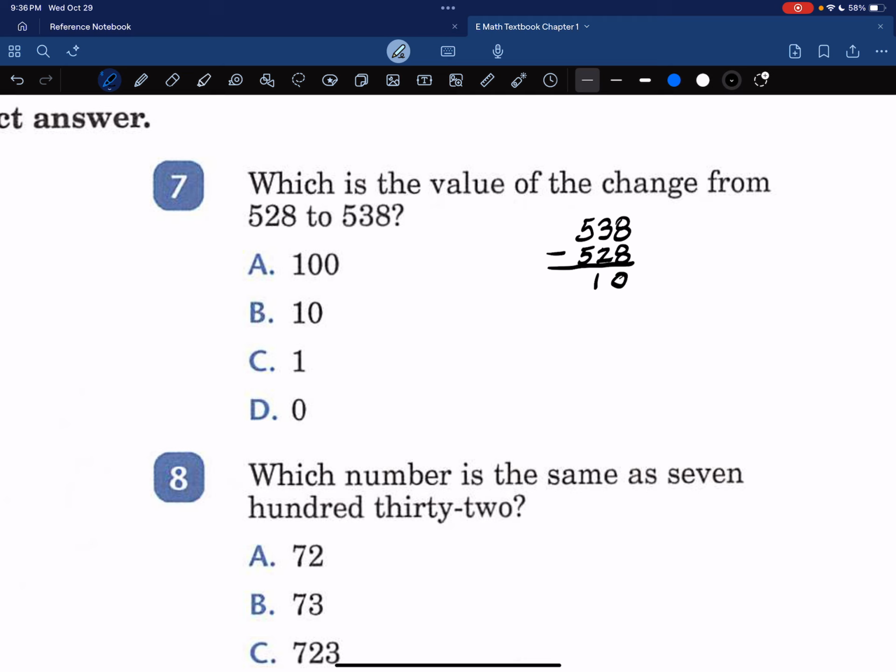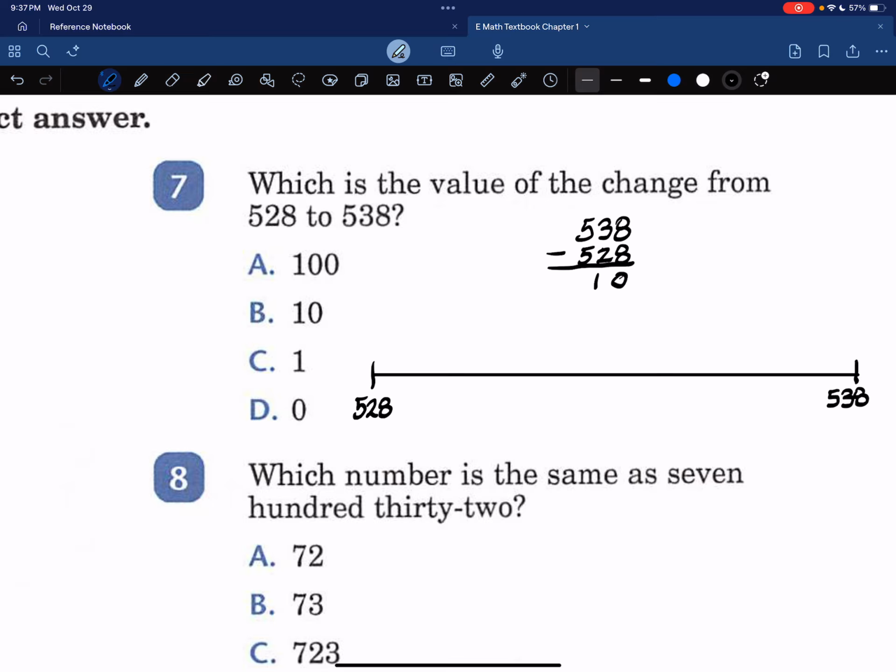There is another way to do this, and it's using a number line. And I'm going to put my 528 down here, and I'm going to put my 538 up here. And I want to know how far it is between those two.